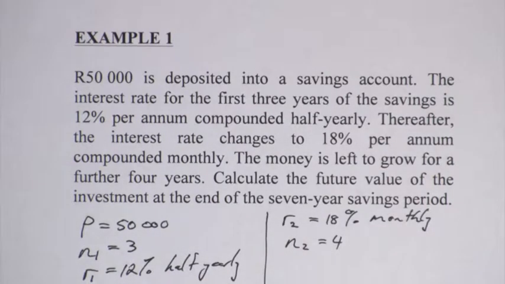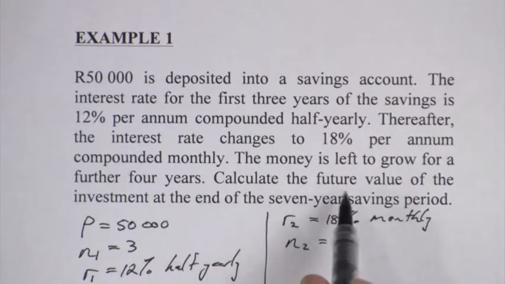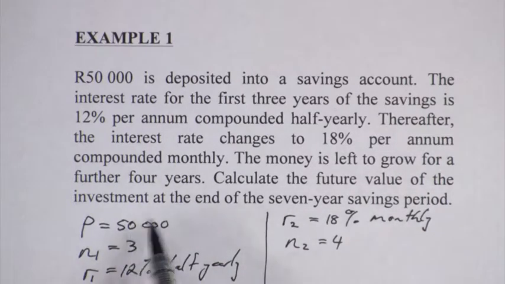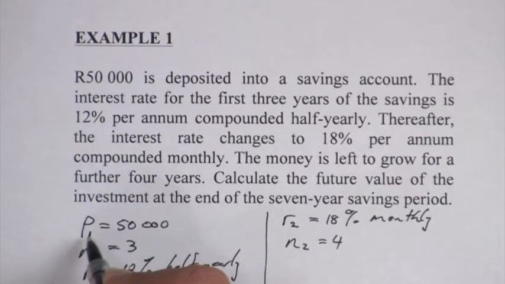And now they're going to ask us to calculate the future value of this investment at the end of the 7-year period. So as you can see, in total it will be 7 years: the first 3 years at this interest rate, and then 4 years at that interest rate. So what will you do first? You're going to use this P1, the first investment, and work out your future value. We're going to call it A1.